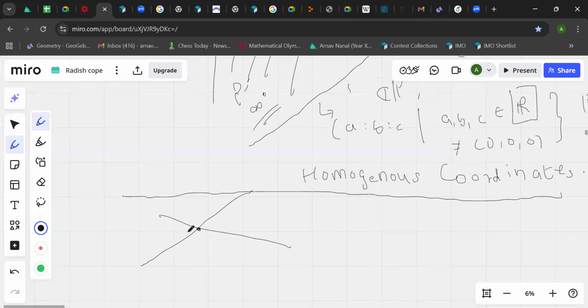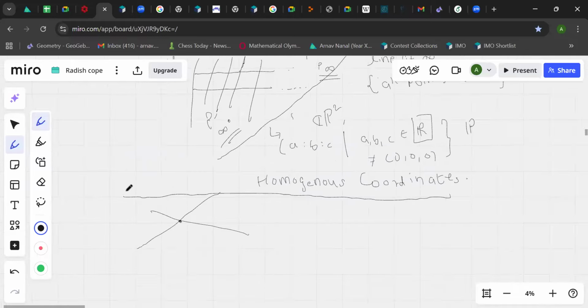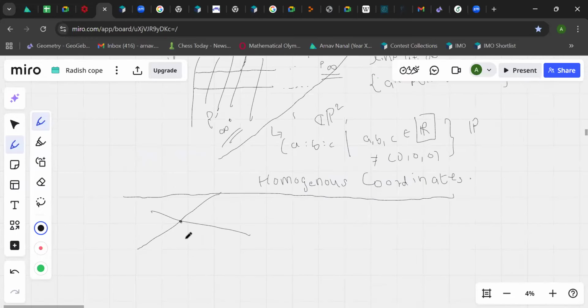By general position I mean they are not parallel. When they are parallel, they do not intersect anywhere in the Euclidean plane. So there is no point which is common to both of these lines.